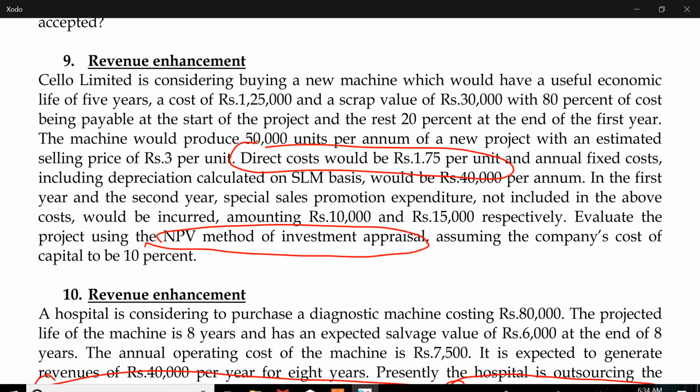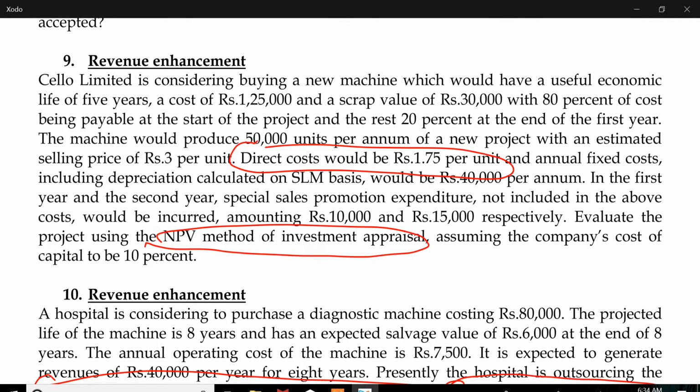However, depreciation will be calculated for the entire value of the asset.